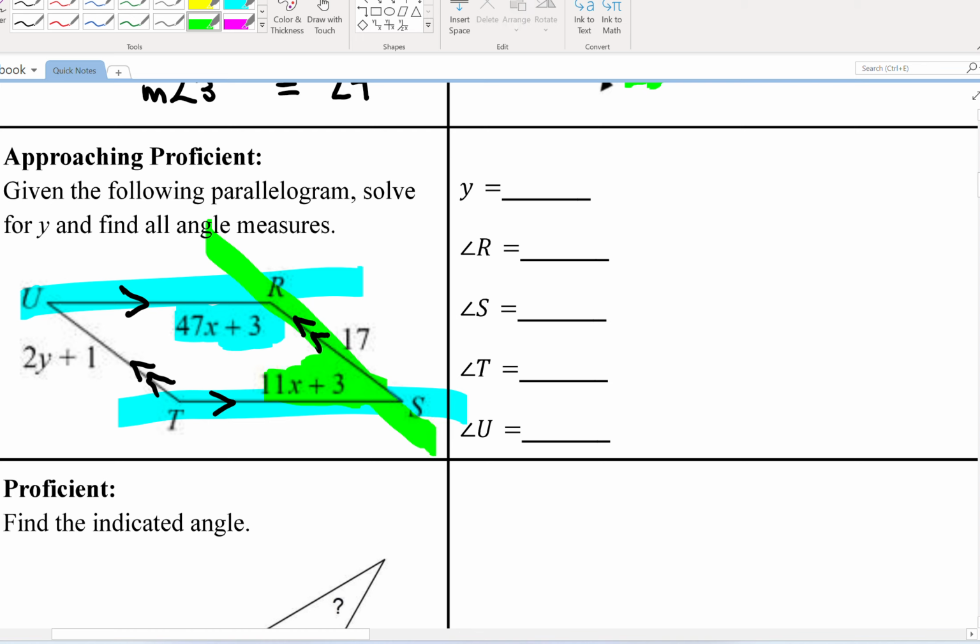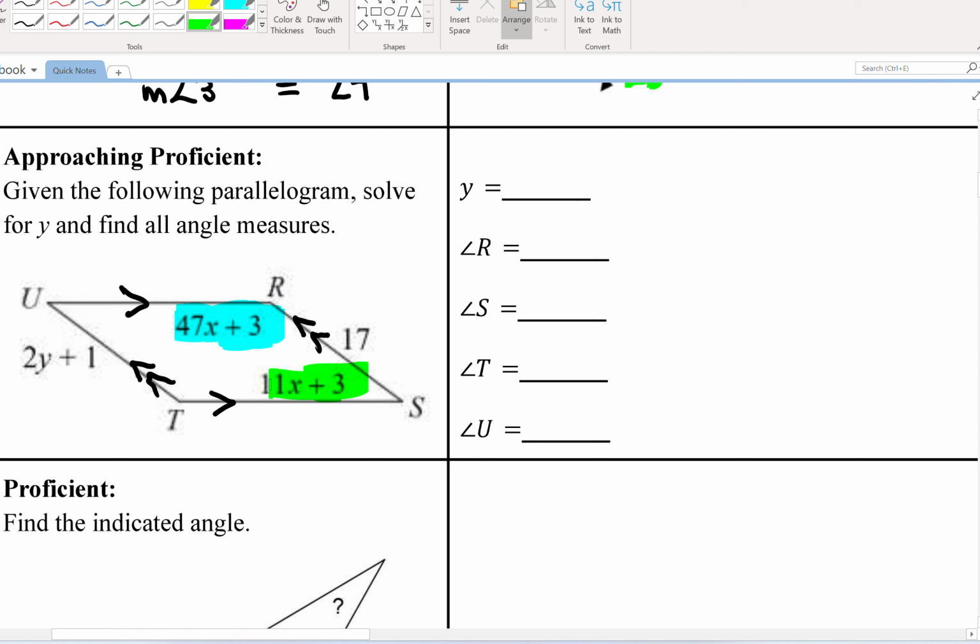And so 47x plus 3 and 11x plus 3 are not congruent, but they are supplementary. So let's write it this way. The measure of angle R plus the measure of angle S, as same side interior angles or consecutive interior angles, is equal to 180 degrees.